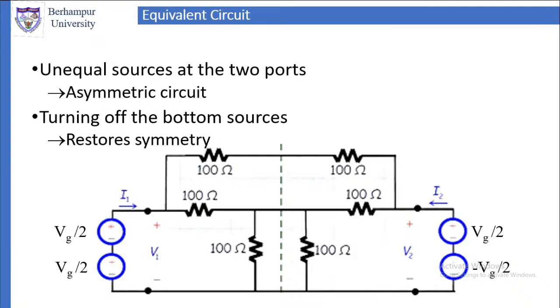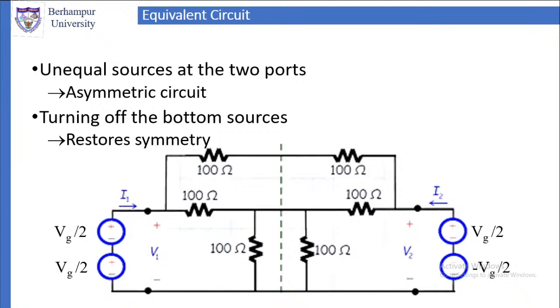What we will do is, first we will turn off the bottom sources, Vg by 2 and minus Vg by 2. They are turned off means they are made 0. If they are made 0, then we are restoring symmetry, because at port 1 the source is Vg by 2, at port 2 also the source is Vg by 2.